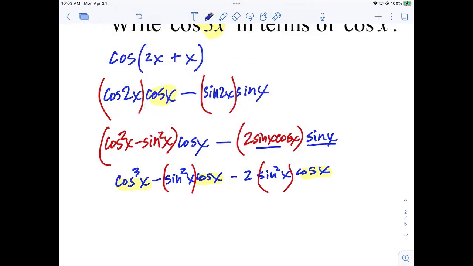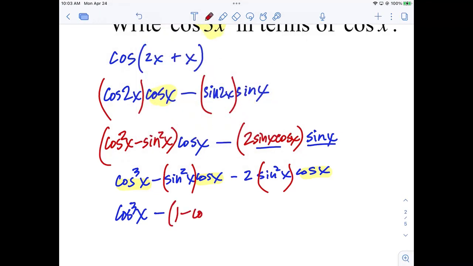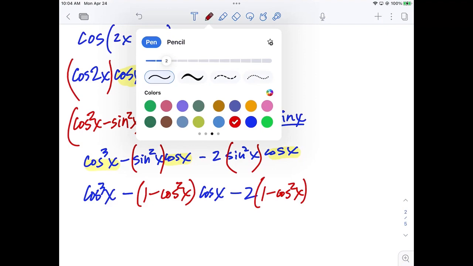So as we go down here, we get cosine cubed of x minus, parentheses, 1 minus cosine squared of x times the cosine of x minus 2, next parentheses, 1 minus cosine squared of x times cosine of x.